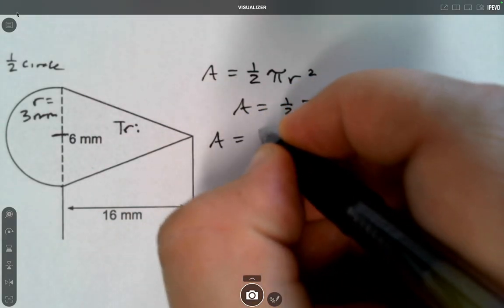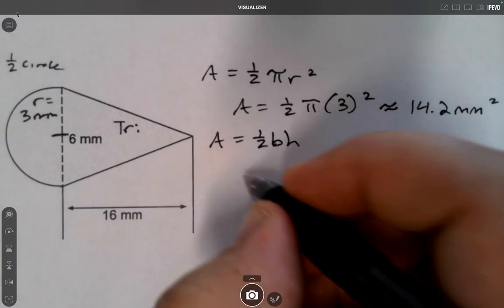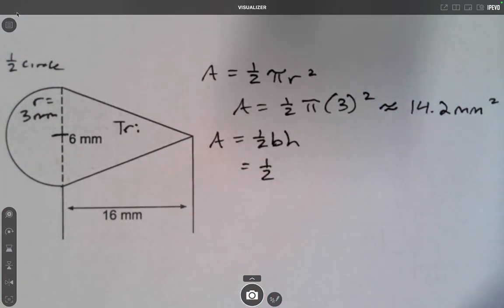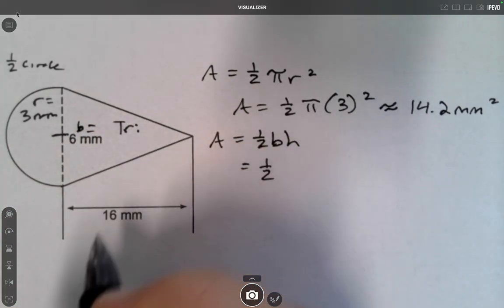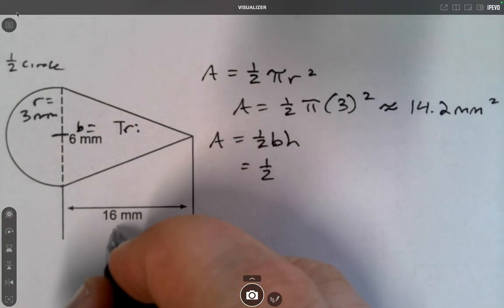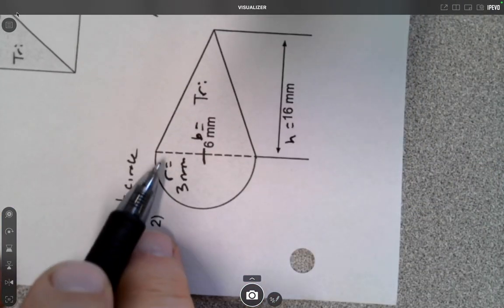Triangle is half times base times height. The base of this triangle is the 6 millimeters right here. The height is the 16. Because you can almost think about the triangles this way. So that's its base. This is its height.